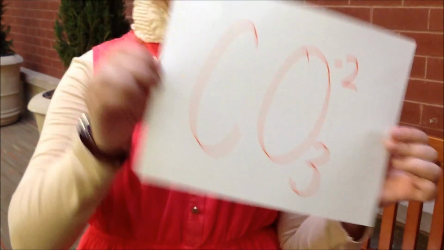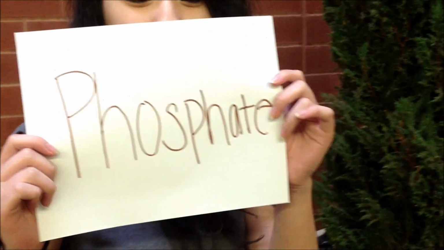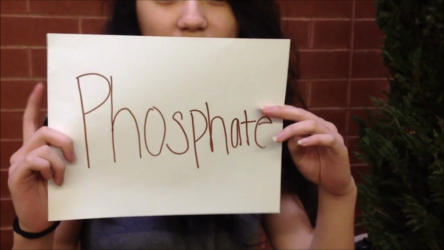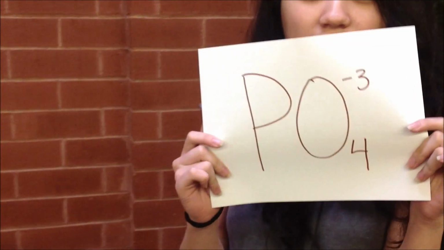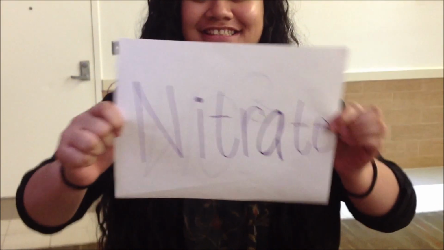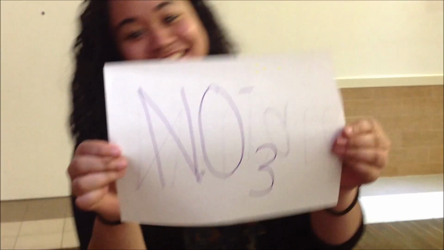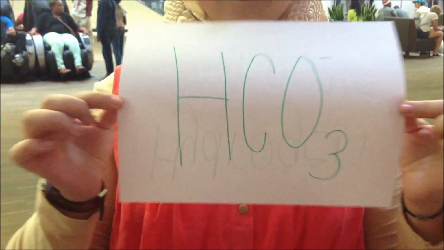Okay, first off we have carbonate, and its formula is CO3 2- charge. Next we have phosphate, and its formula is PO4 3- charge. Next we have nitrate, and its formula is NO3 -1 charge. Next we have hydrogen carbonate, and its formula is HCO3 -1 charge.